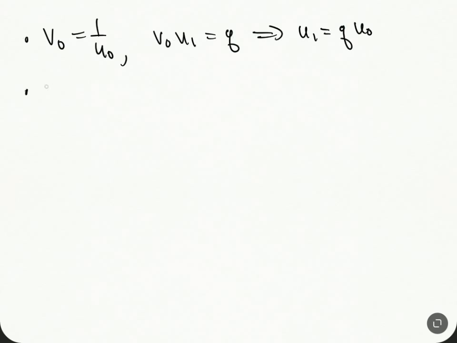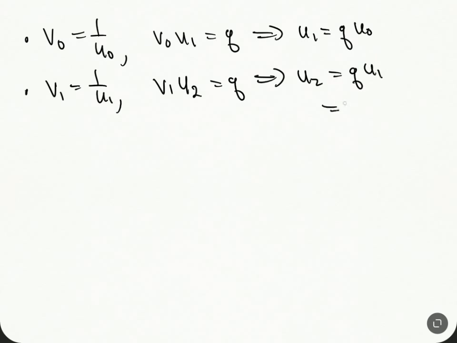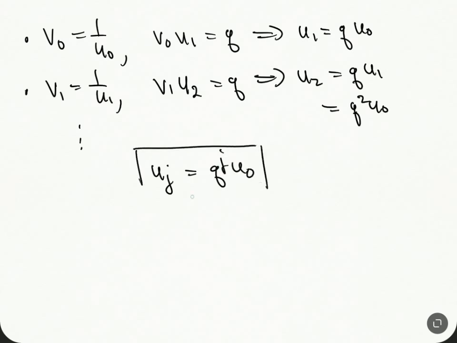And we can go on and see that V_1 is equal to 1 over U_1, and so then we get that V_1 U_2 is equal to q. This is the same gluing that we had, which tells us that U_2 is equal to q U_1, which is q^2 U_0. And we could continue this, and we'd end up finding that U_j is just some multiple q^j U_0. These things have a name. They're called dilatations, I think.